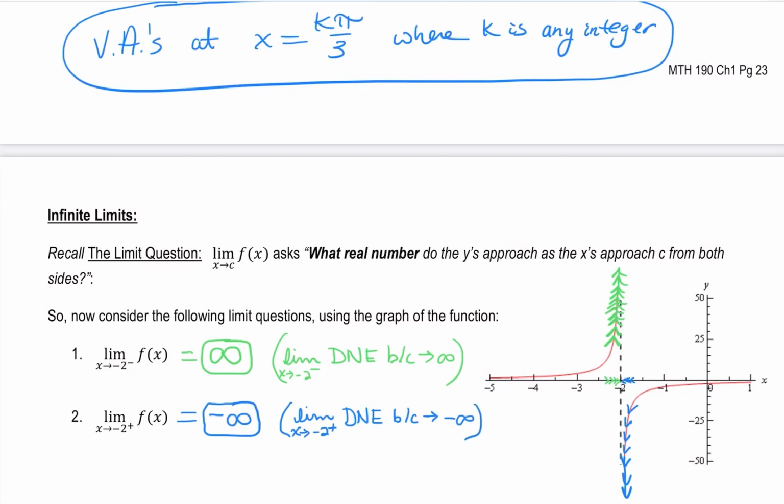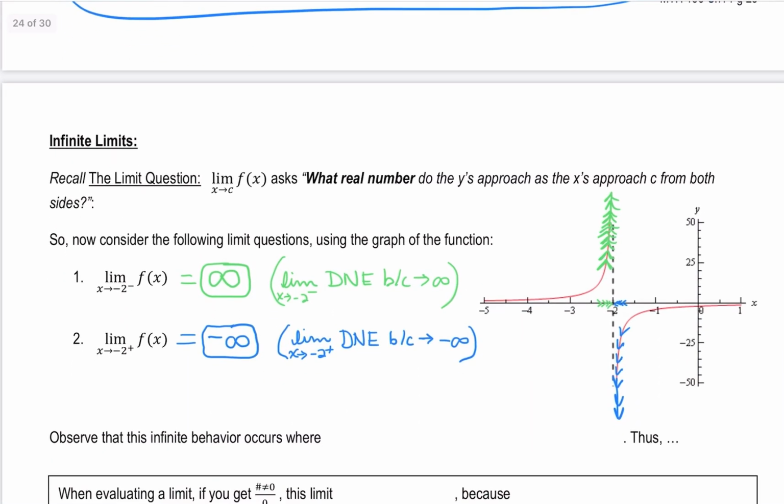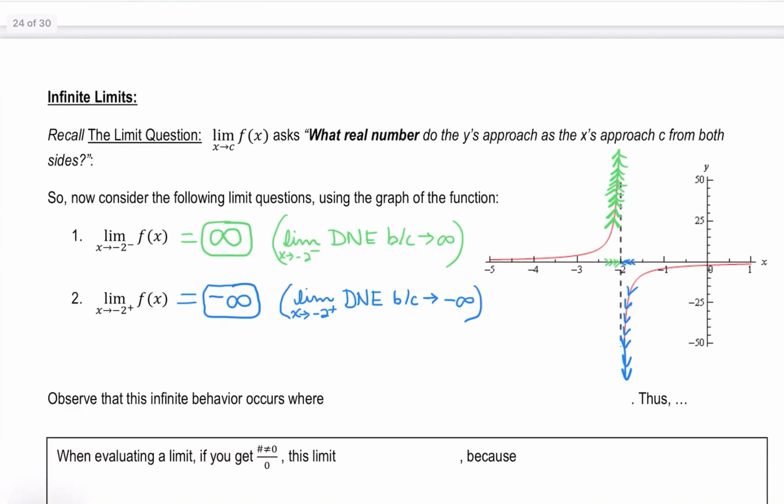So these infinite limits, these limits that equal one of these infinities, are happening at the occurrence of our vertical asymptote. So this infinite behavior is occurring where there's a vertical asymptote. You can see that on your graph.